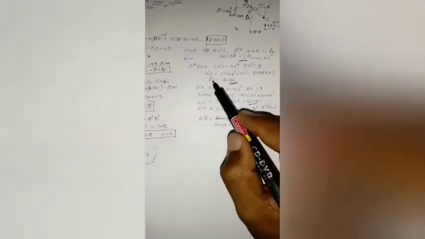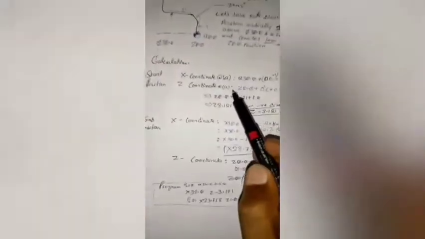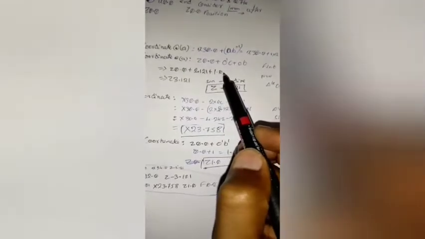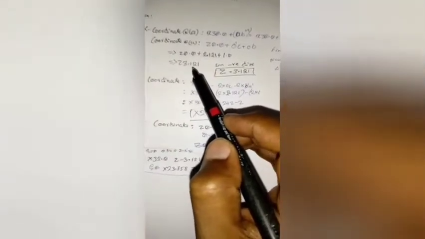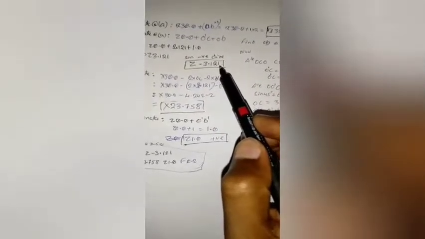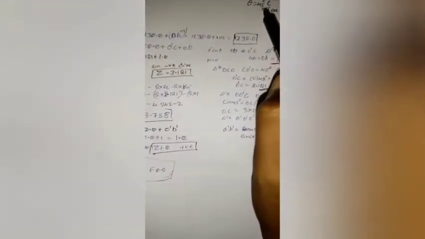I have got the answer of O dash C as 2.121. The same answer I am going to write here: Z0.0, 2.121 plus 1.0. So this gives the answer of 3.121. So Z minus 3.121 will be the coordinate, because from 0 towards the left direction is always minus.